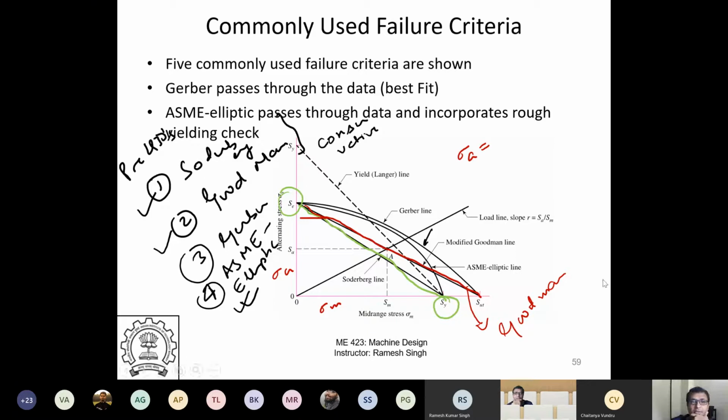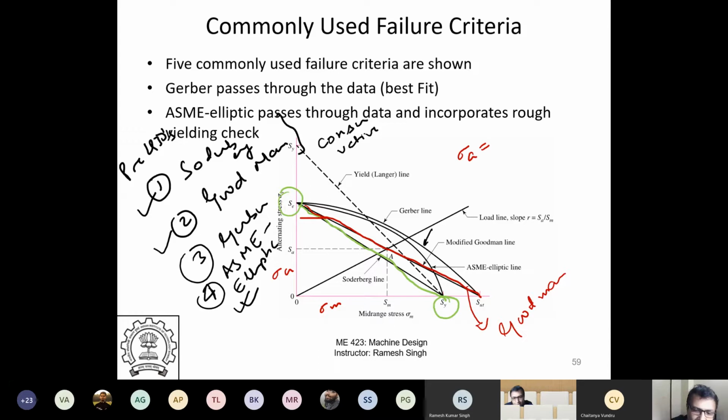Start to use your chat boxes, or you can also talk to me. Anybody? How do we calculate it?